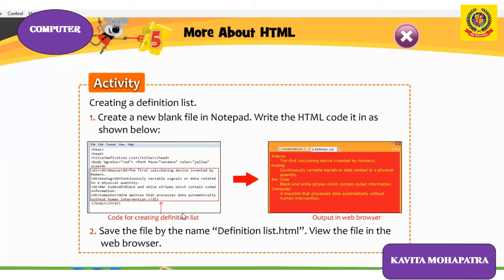Now see, DL has ended, then body has ended, then HTML. So this is the code for the definition list. Children, create this blank file in notepad, save it with your name.html or definitionlist.html, and view the file in the web browser.